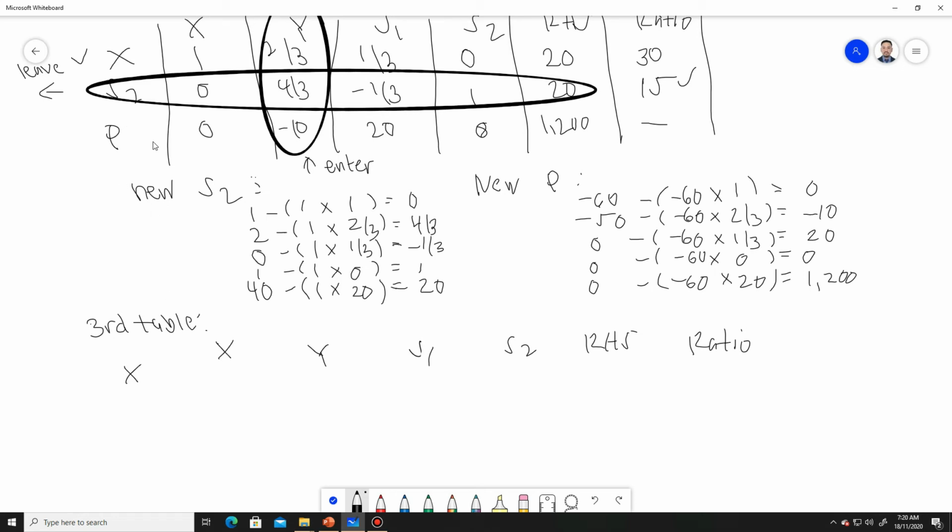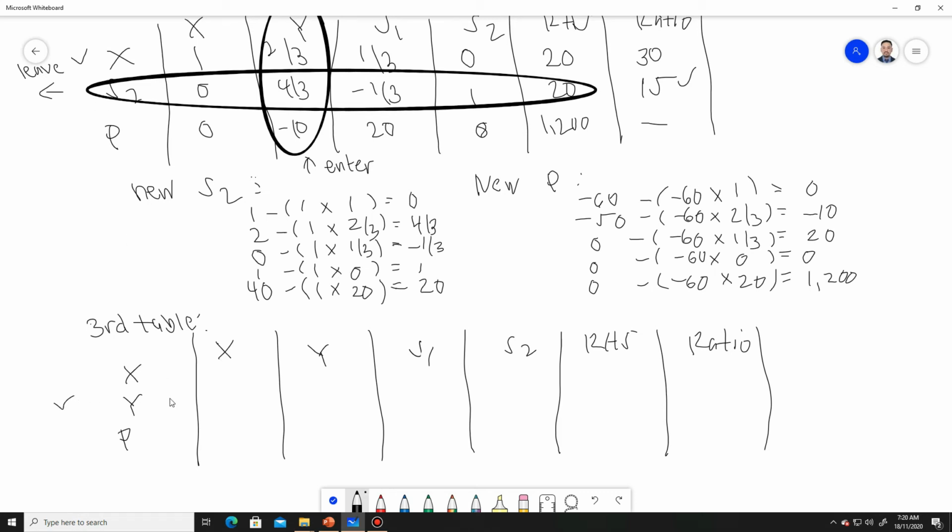Yung S sub 2 will be replaced by y. And then yung ating p. Again, ang una nating i-develop ay yung entering variable. So, ito yon, no? Ito yung una nating i-develop.